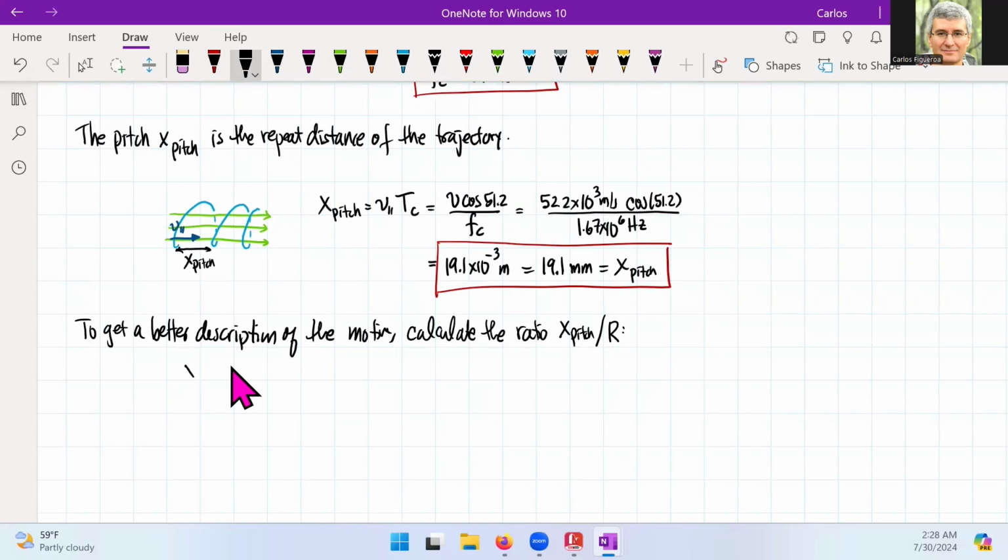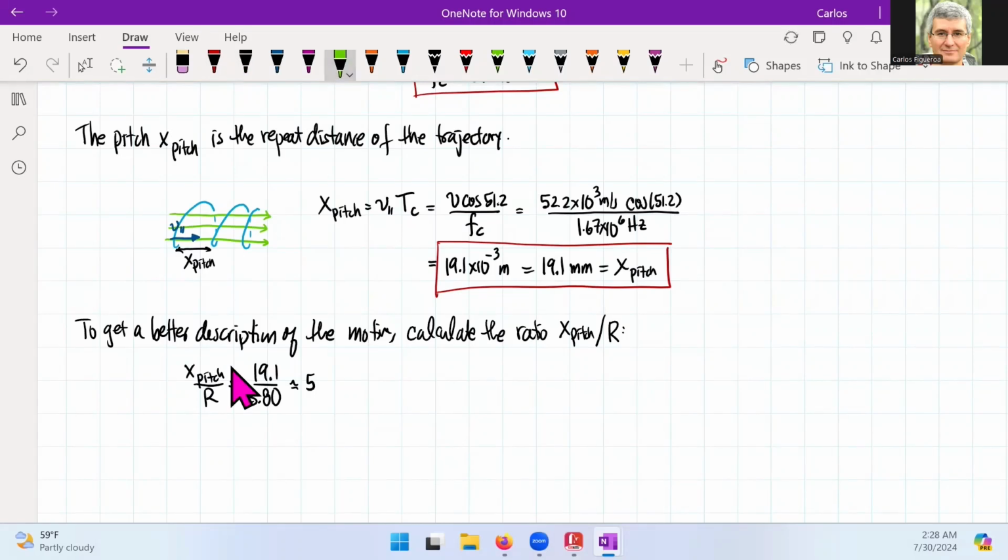So if I look at x pitch to the radius, in this case, we have 19.1 divided by 3.80, and that's about a factor of 5. So that means the pitch is 5 times longer than the radius.